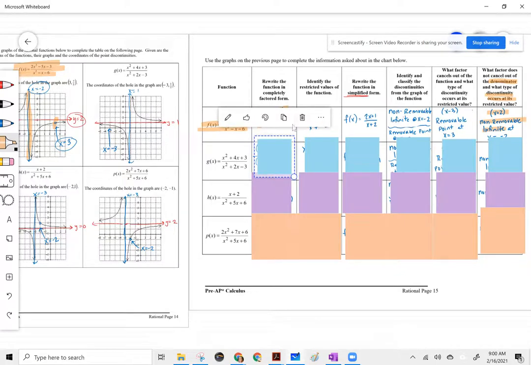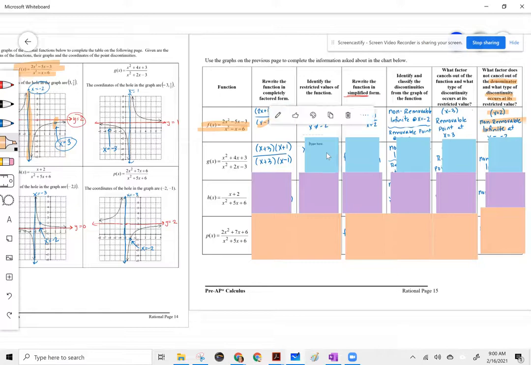Okay, so completely factored form. And then the restricted values of the domain: remember we set each denominator equal to 0 and solve. Those are the restricted values. This is the simplified form because we are canceling out x plus 3.